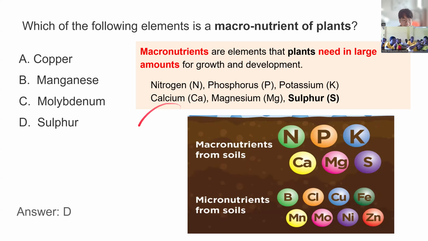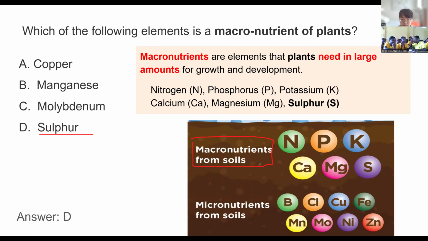Yeah, the answer is D. An example of a macronutrient is sulfur, and that's because if you look at this picture here, these are all examples of macronutrients that are needed in large amounts. Plants need a lot of these.